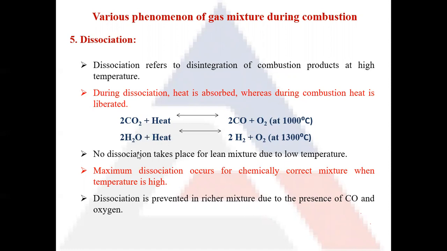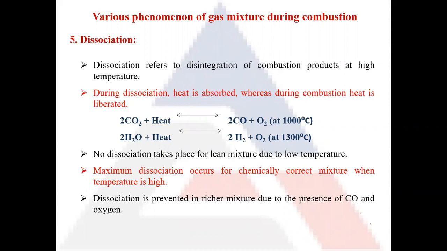Okay. So there are three types of fuel mixtures. There is lean mixture. Lean mixture is when there is less fuel and more oxygen, more air. Then there is the chemically correct mixture, in which there is 50% fuel and 50% air.